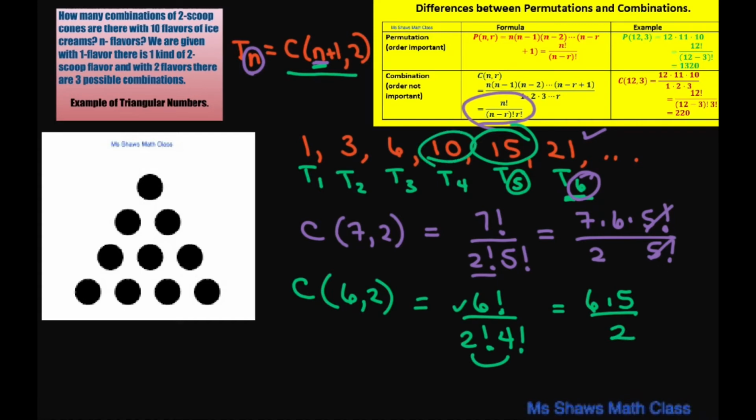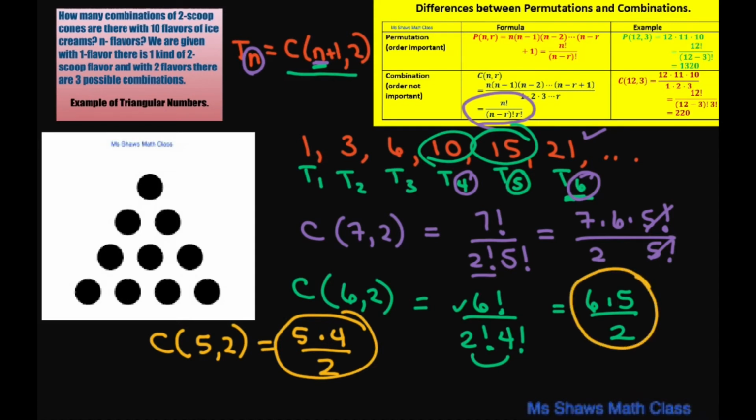For this one, we add 1 to the 4, so it's 5 choose 2. That's just going to be 5 times 4 divided by 2. So we can see the pattern here. Basically, our pattern is n plus 1 times n divided by 2.